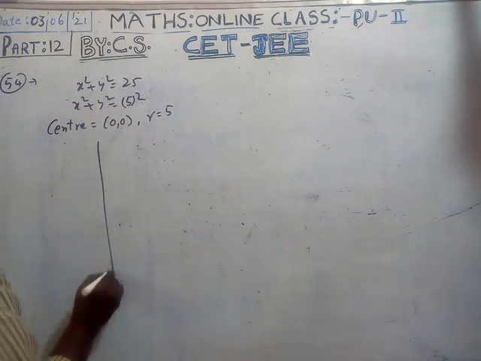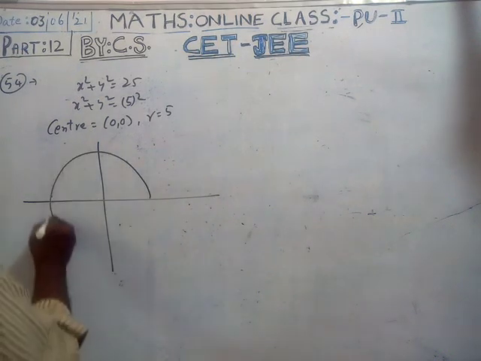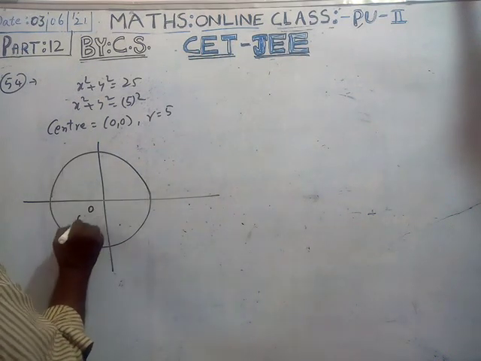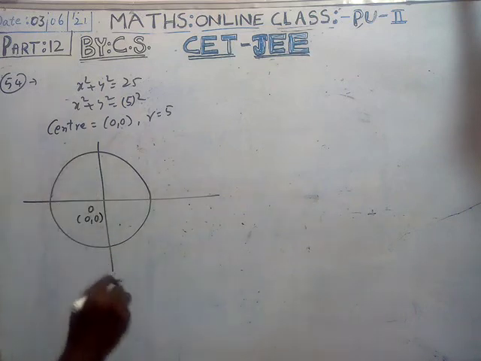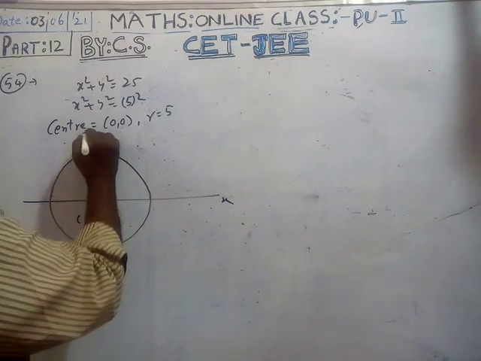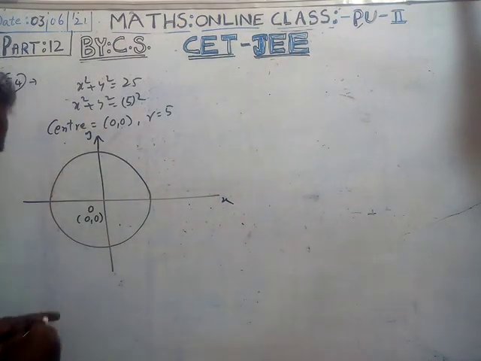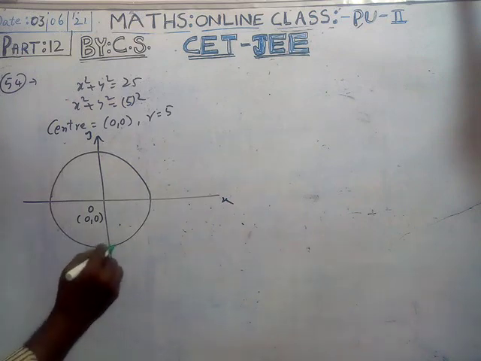So this is the diagram. The circle with the center at 0, 0 and the radius is there. Let it be the x-axis and the y-axis. Now we have to find the point of intersection of tangents.